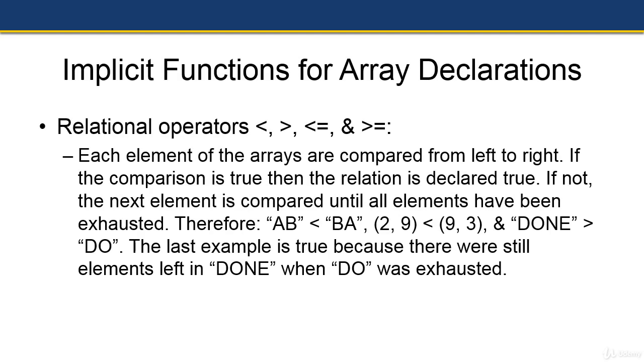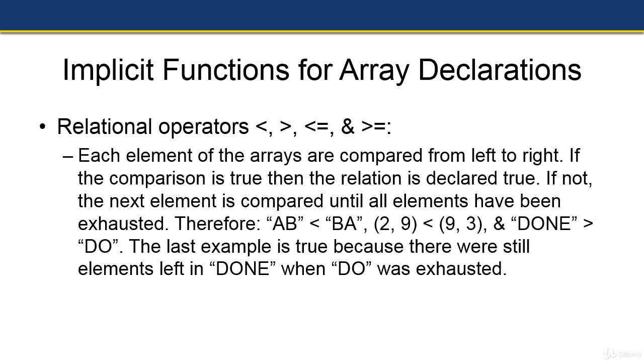We can also perform relational operators on arrays. Each element of the arrays is compared from left to right. If the comparison is true, then the relation is declared true. If not, then the next element is compared until all the elements have been exhausted. Here are some examples. All these examples return true.